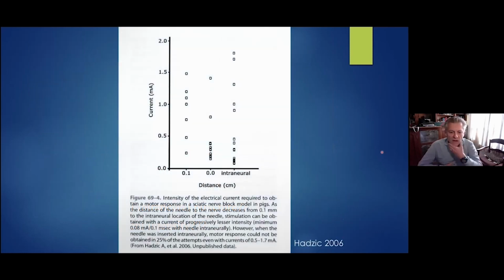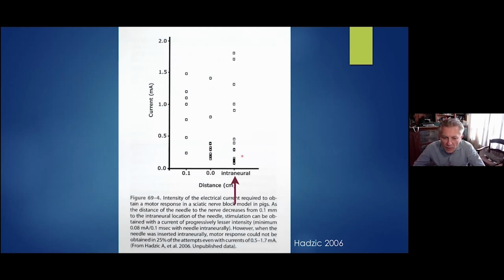When we look at this unpublished data of Admir Radzik, where he looked at the current intensity at 1 millimeter from the epineurium, with the needle touching the epineurium, and with the needle intraneurally, we see in the first two a decrease of the intensity when you are getting closer.